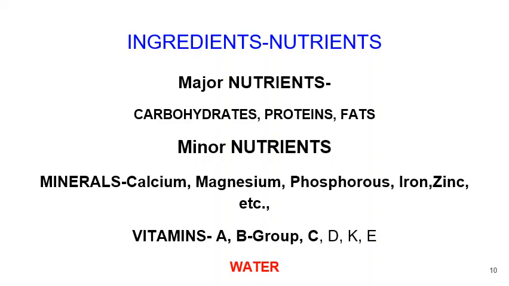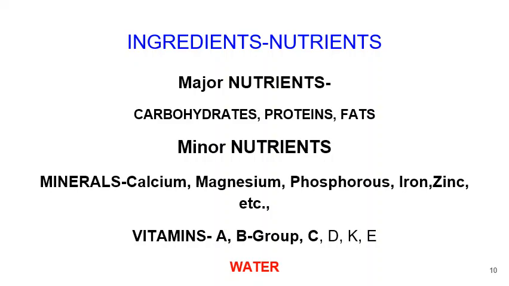Most of these things come from the plant material. Minor nutrients are also present in the food items we take. Minor nutrients are required in very small quantities, like minerals, for example, calcium, magnesium, phosphorus, iron, zinc are all minerals. Vitamins are also present in the plant material and in some animal materials.